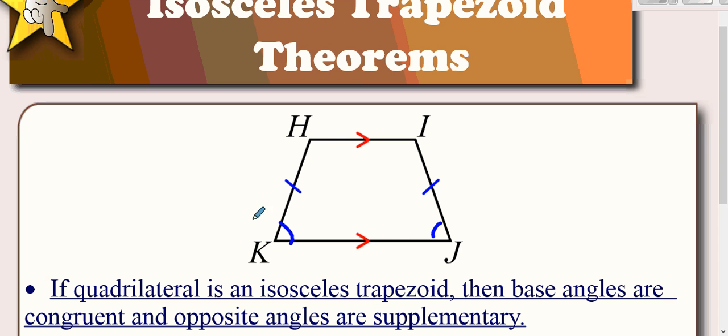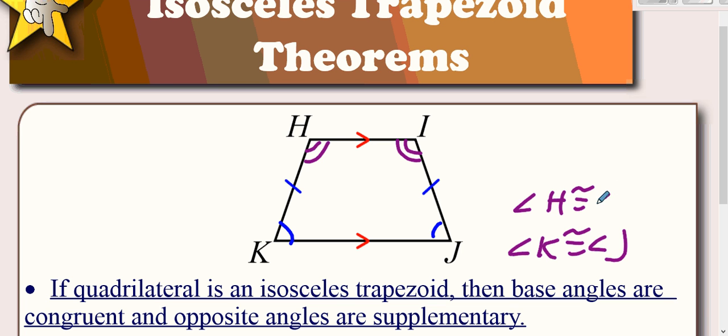That doesn't just mean K and J, though. It actually means H and I also. The two at the bottom and the two at the top. K is congruent to J. Angle H is congruent to angle I.